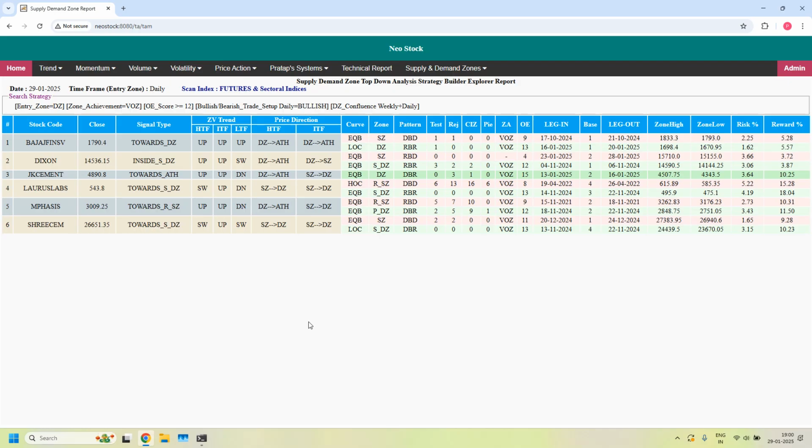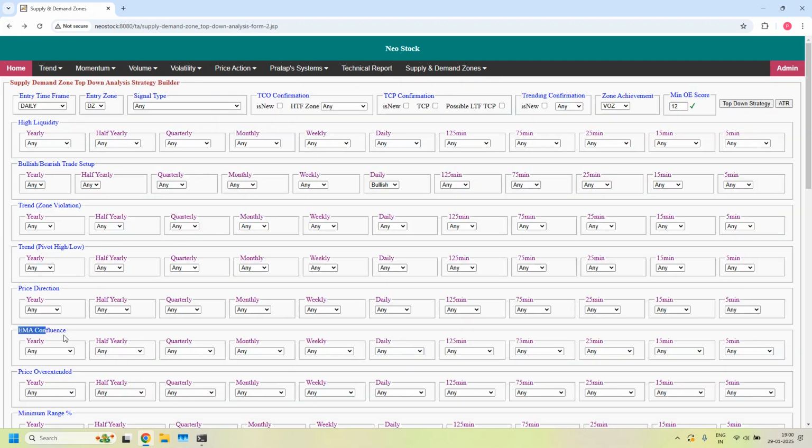Within these 6, again we can further filter for even higher probability of success. We can filter based on the EMA confluence. Because the daily zone is part of the weekly zone, we can look for weekly demand zone having weekly EMA confluence. Let me set that filter in the EMA confluence at weekly time frame.